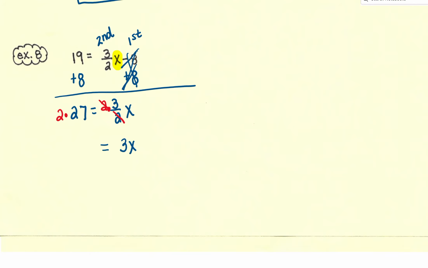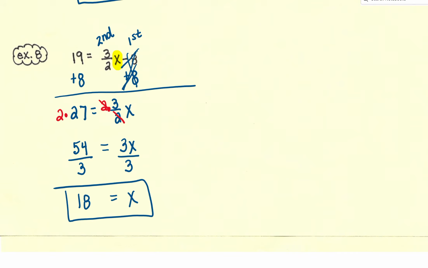So that's the way that I like to do these. And then you've got 27 times 2, which is 54. Then divide by your 3, because that's attached by multiply. When they're joined at the hip like that, that means they're multiplied together. So divide by 3, and x is equal to 18, and it will check.